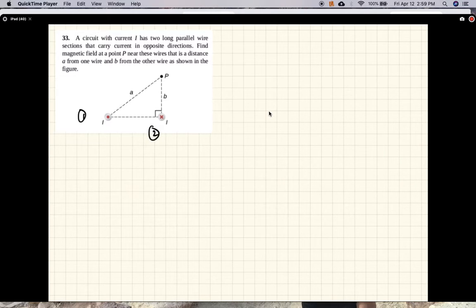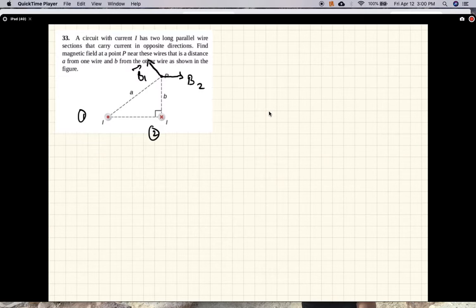Due to current 1, the magnetic field is in this direction, perpendicular to A, and for the field due to current 2, again you stick your thumb in the direction of the current, and the field due to current 2 is in that direction.